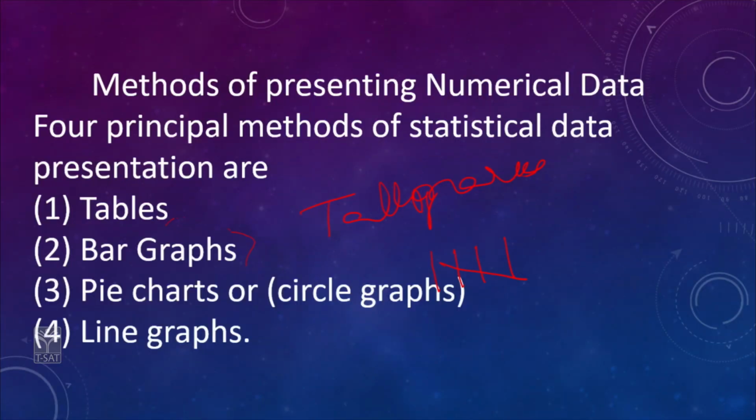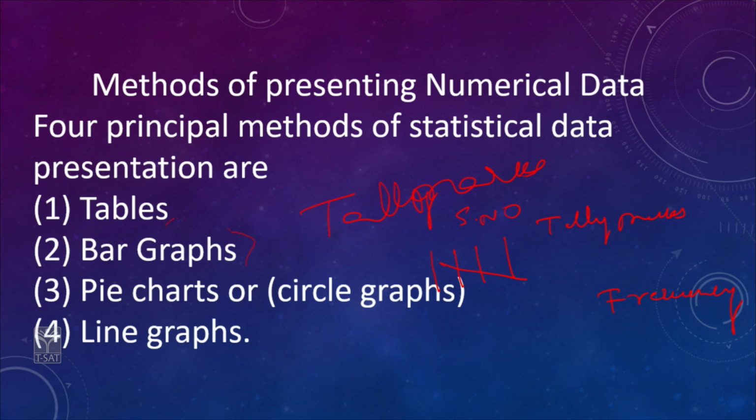When you collect the raw data, we make it into a tabular form. In the table we have a serial number, the next is tally marks, and the next is frequency. So, like that, we have the tables here.